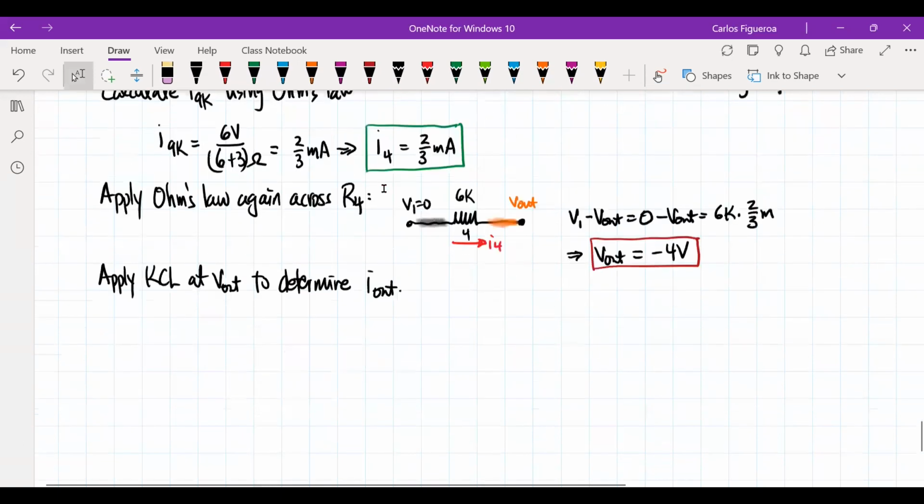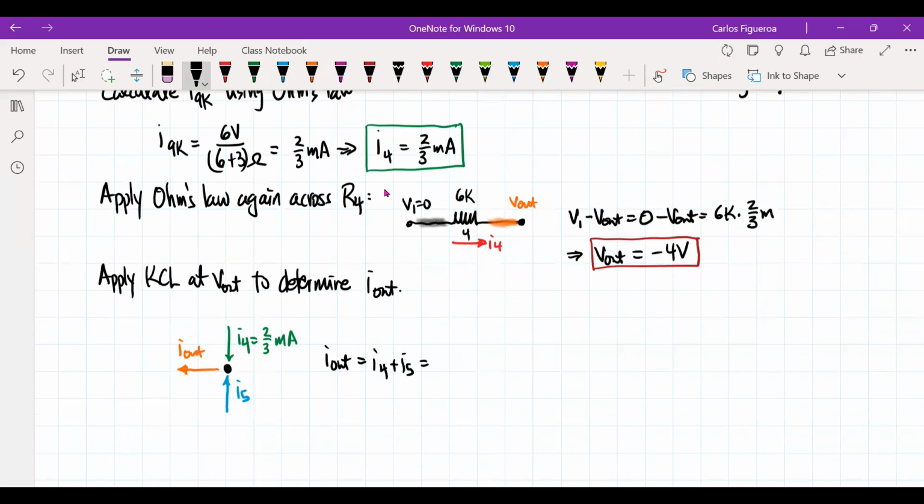So let's go look at that. If I apply it to that node here, here's what we're seeing. Here's my node. I have my current coming in here, which is I4. I have a current going out, and then I have a current coming in, which is I5. So applying KCL, it says that Iout must be equal to I4 plus I5.